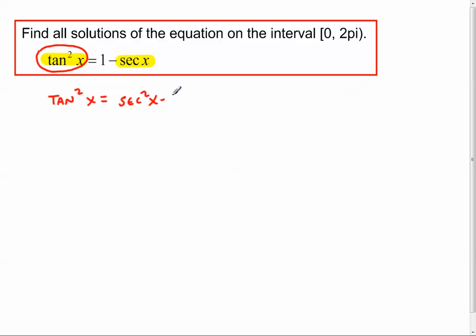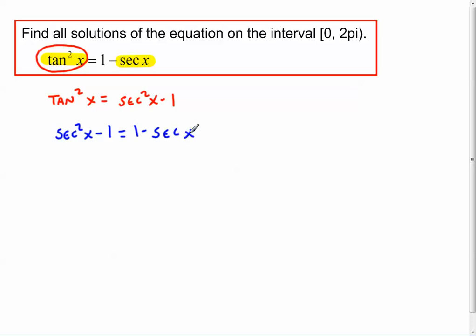That's going to allow us to rewrite the left-hand side. I'm basically just doing substitution here. I'm going to take tangent squared out, and in its place, I'm going to write secant squared x minus 1. I'm not going to do anything to the right-hand side. I'm just going to leave it as it is, which is 1 minus secant x.